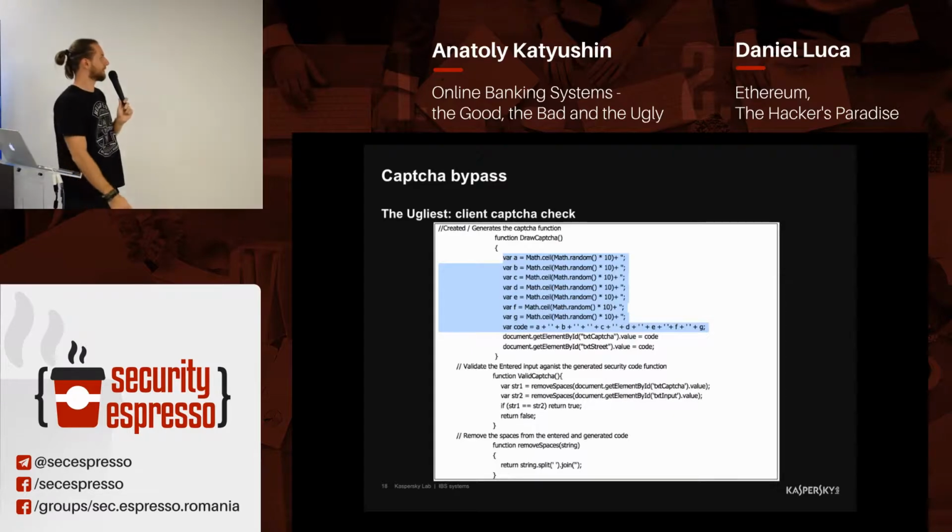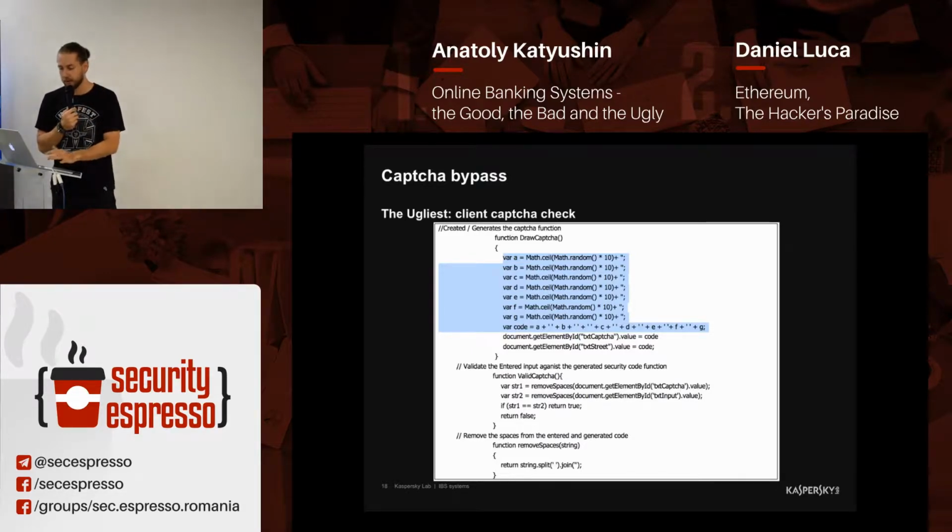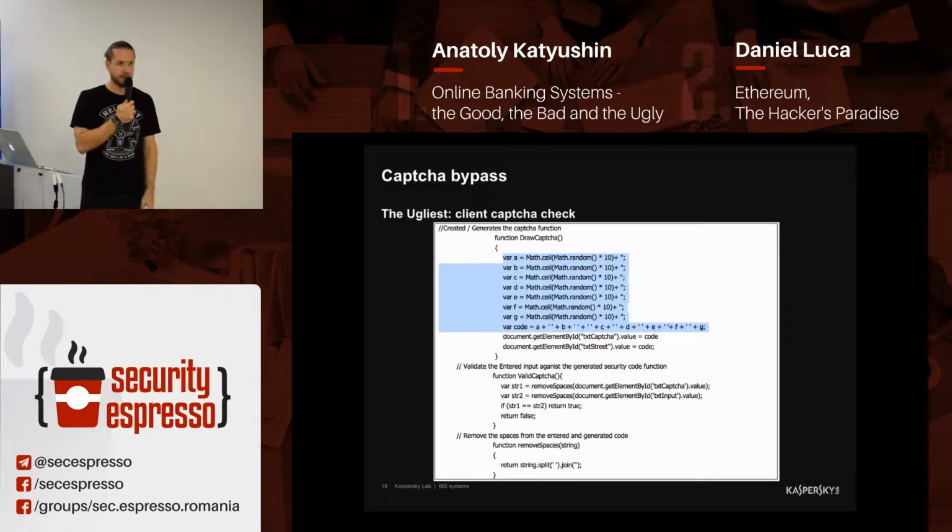So, this one is my favorite. Once upon a time, we had a lot of customers from one region, and they all had a product made on the framework of one developer. And there were a lot of vulnerabilities there, so just don't, this is ugly.